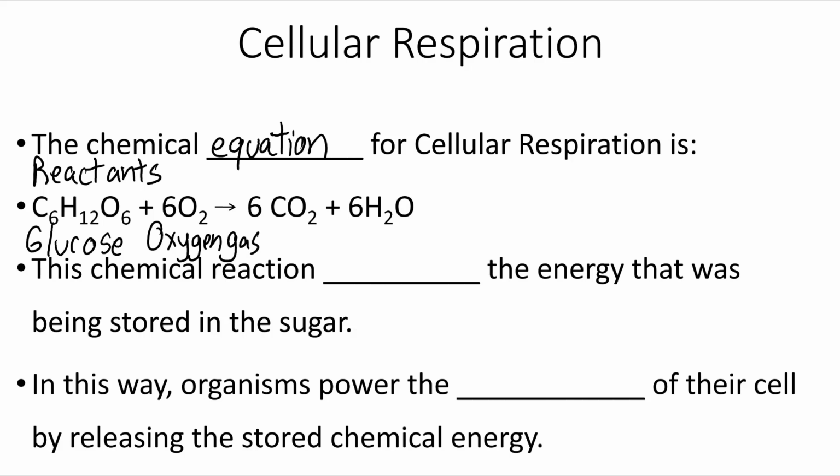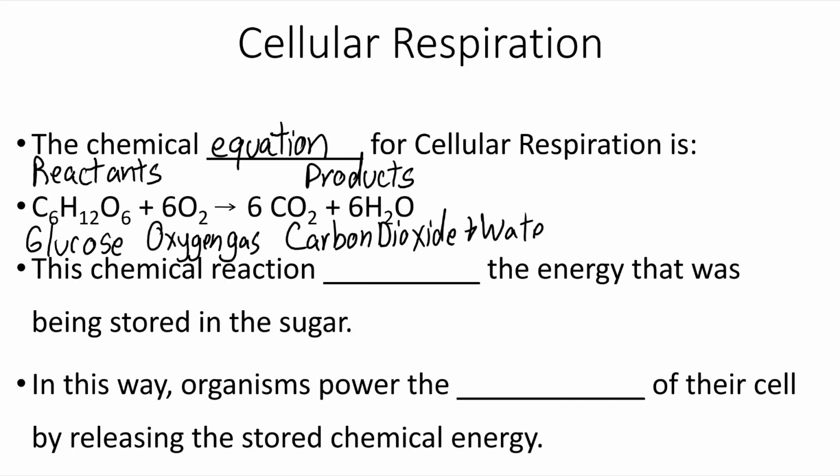And our products will be carbon dioxide and water. So, for cellular respiration, it is the products which are the reactants for photosynthesis. And likewise, it's the products of photosynthesis that are the reactants for cellular respiration.